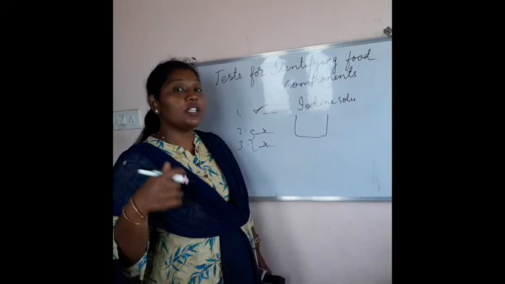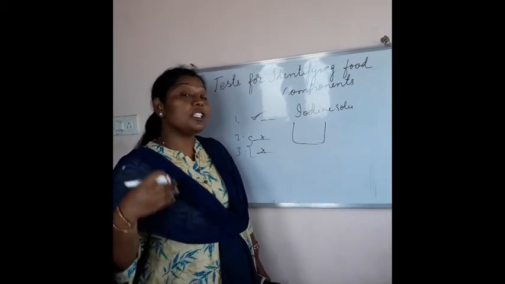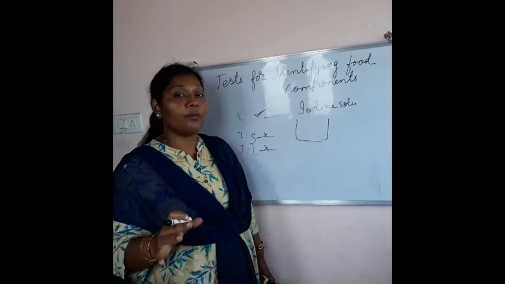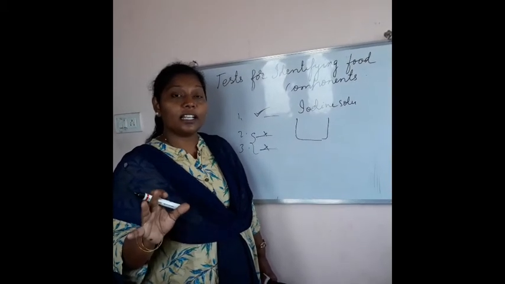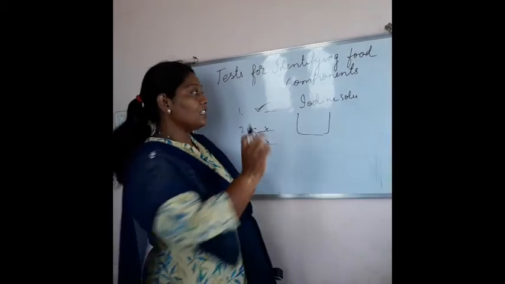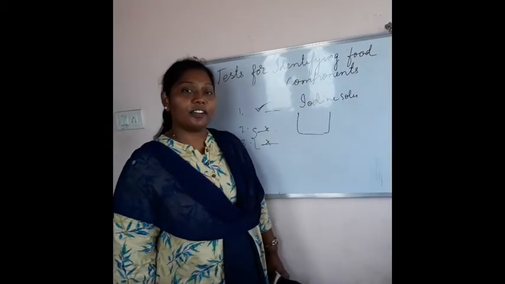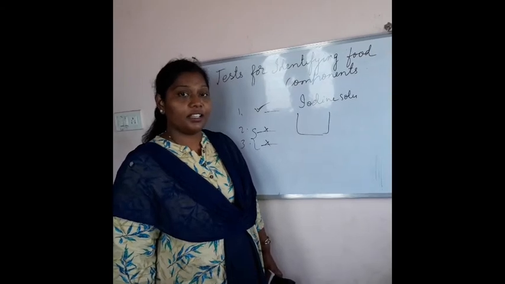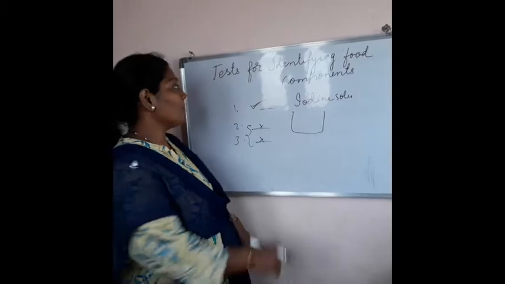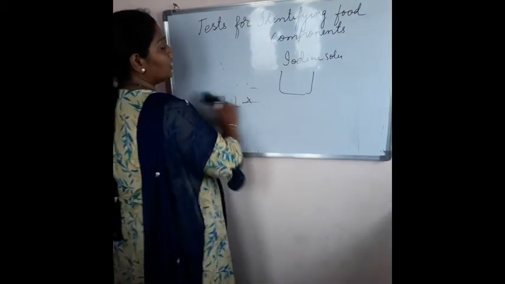After testing, the food material which turns blue or black contains the component called carbohydrate. This is one test to identify the carbohydrates. Now we will see the other tests.